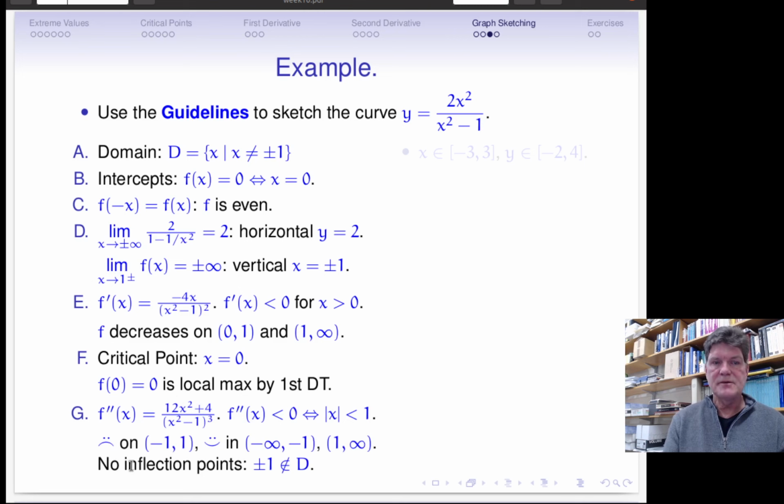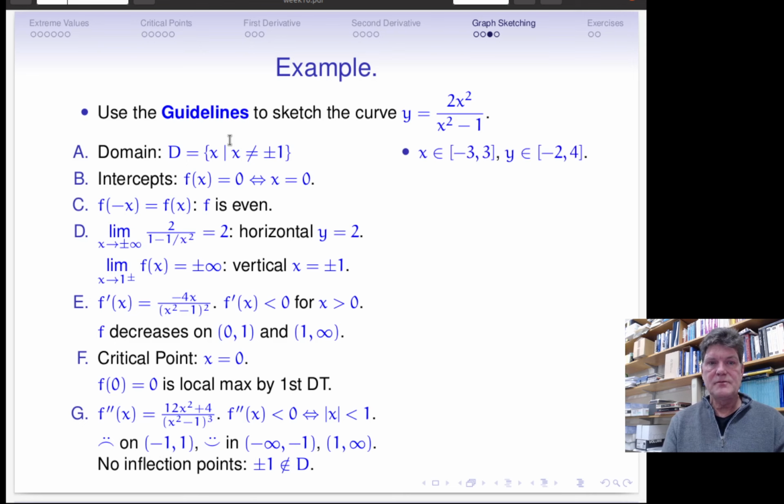So that makes the function concave down on the interval between minus 1 and 1, and concave up outside of this interval. There are no inflection points, since the points where the second derivative changes its sign are not contained in the domain.